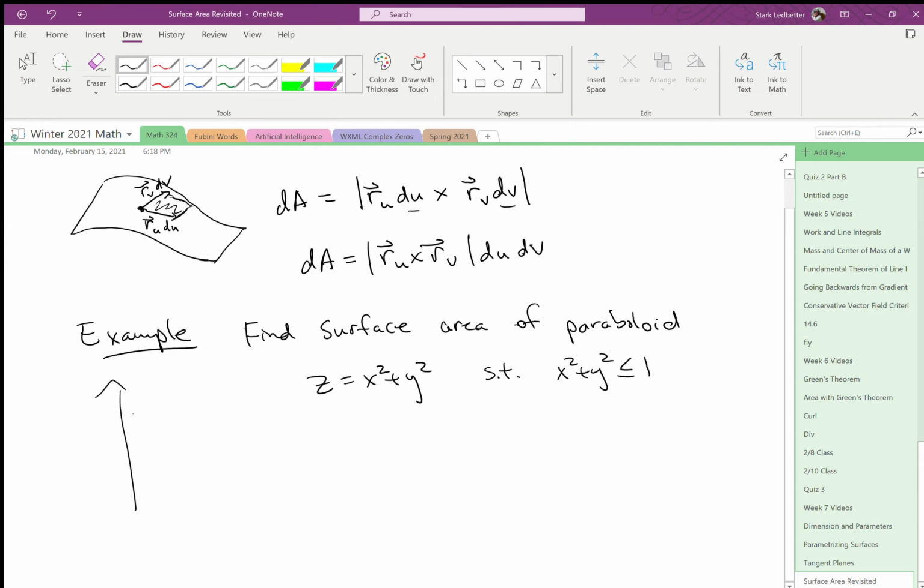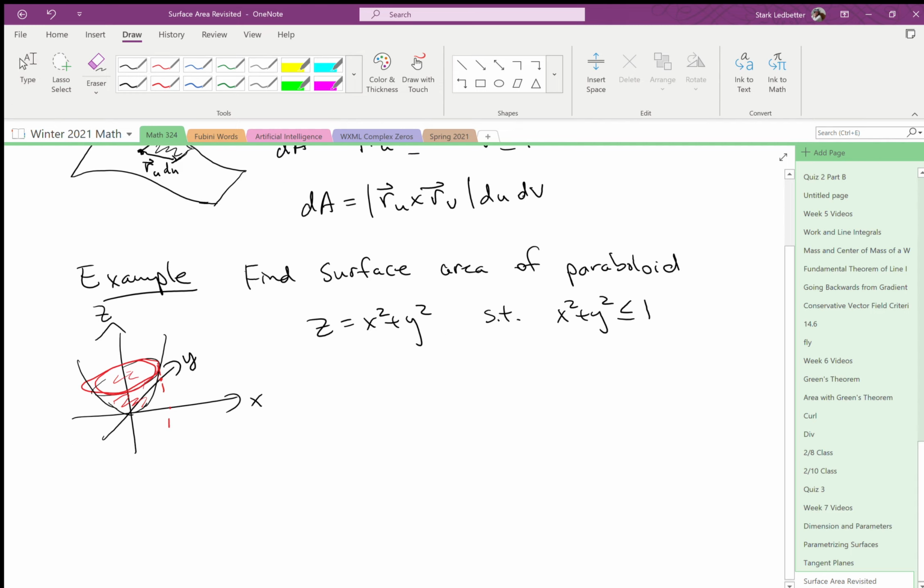So what's happening there? We have this paraboloid, z equals x squared plus y squared, and then we're confined in this region. That's a circle of radius 1. We're confined within that region, and we want to find the surface area of basically that bowl.